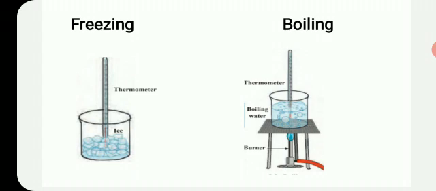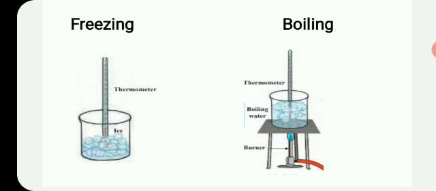The next is freezing. The water kept in a freezer or on ice becomes cooler and cooler. That is, its temperature falls. See here in the figure, first you have taken the beaker with the ice. If you are measuring the temperature, you will find that as ice is a cooler one, its temperature will be less.